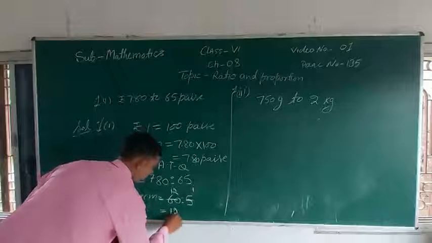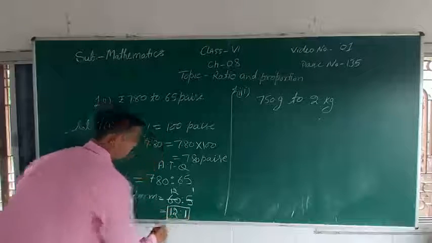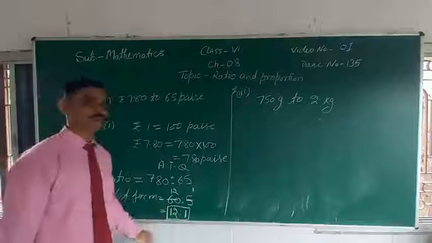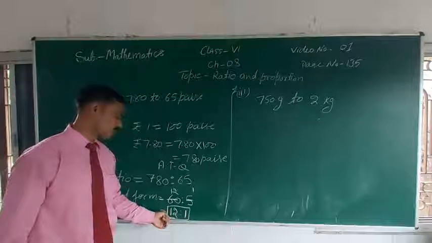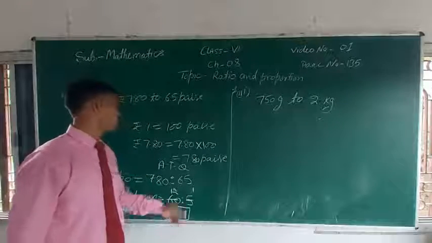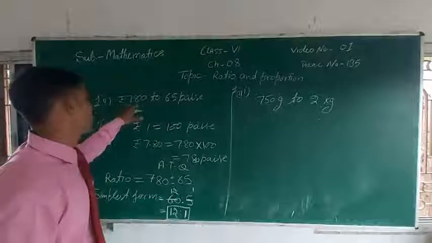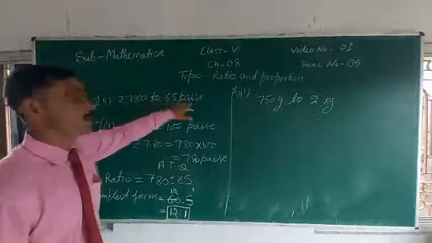So our simplest form is 12:1, because now the HCF of 12 and 1 is only 1.